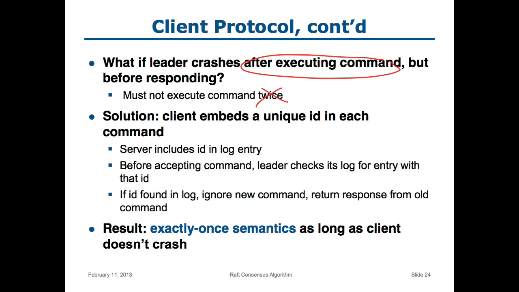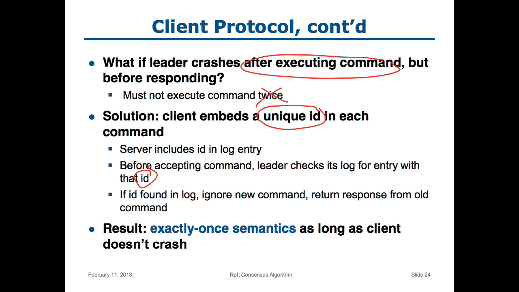The way Raft achieves that is that the client generates a unique identifier for every command, and it embeds that in the command that it sends to the leader. When the leader logs that command, it includes this ID in the log entry. But before the leader accepts a command, it first checks to see if it already has that identifier in some other entry in its log.